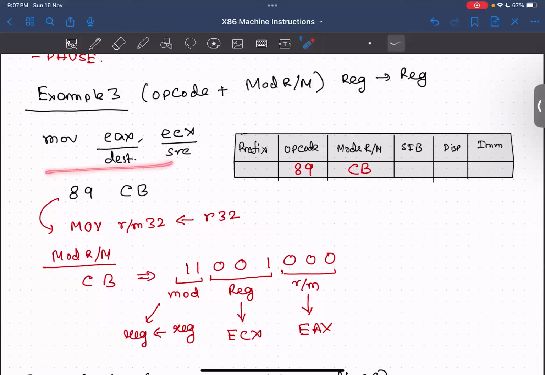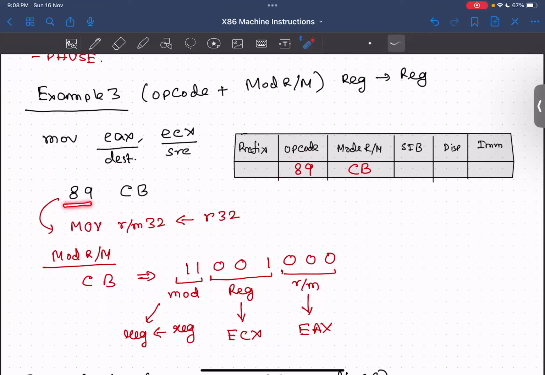The byte representation of this particular instruction is 89 CB. Now, if I put this 89 CB in the x86 machine instruction format we have seen, 89 is the opcode, followed by CB, which is the ModRM, right?